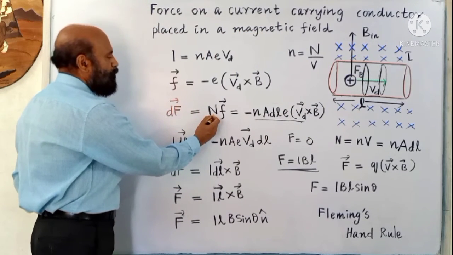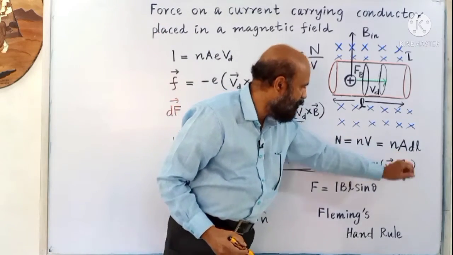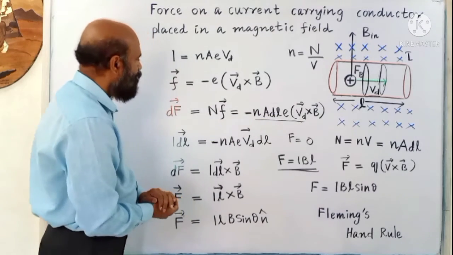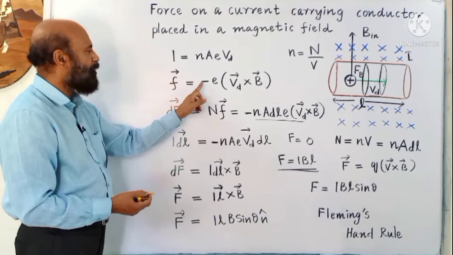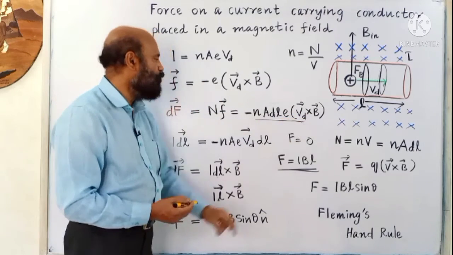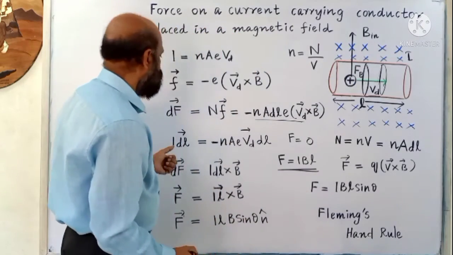For N, we can write n A dl, and for F, we can write minus e Vd vector cross B vector. So this is the force on this part.